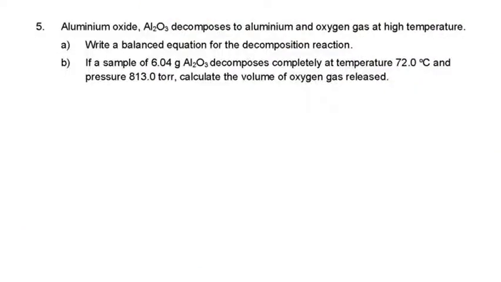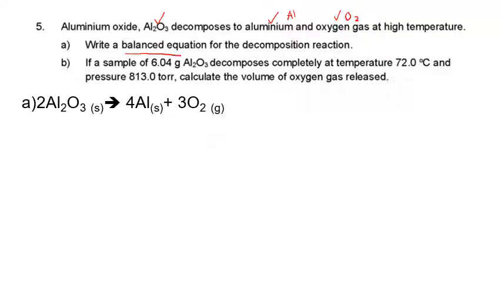Question number 5. Aluminium oxide decomposes to aluminium, formula Al, and oxygen gas O2 at high temperature. Write a balanced equation for this decomposition reaction. Aluminium oxide is solid, aluminium is also solid, and oxygen is in the physical state of gas.